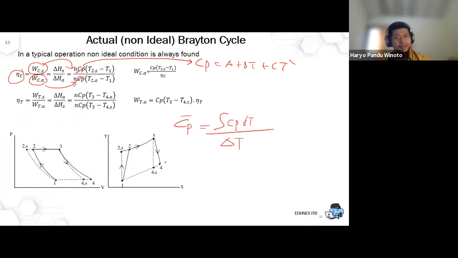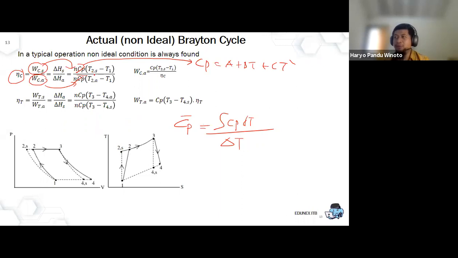Maybe in the exam I'm going to bring this out. Why? Because it's much simpler and you don't complicate yourself, because this one is Cp average. That's a tip for you.